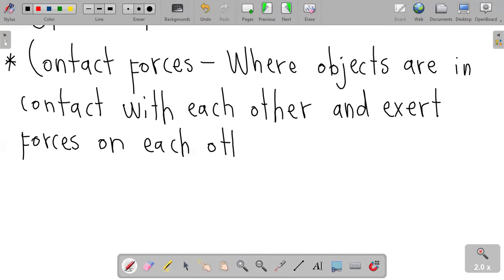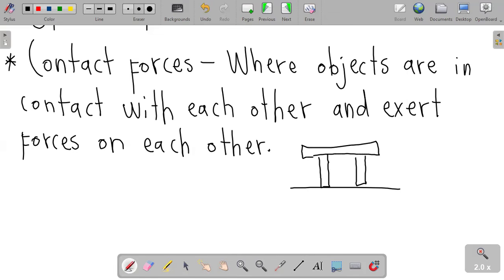So an example here would be a floor. So you have a table that is resting on a floor. There is a force of gravity.